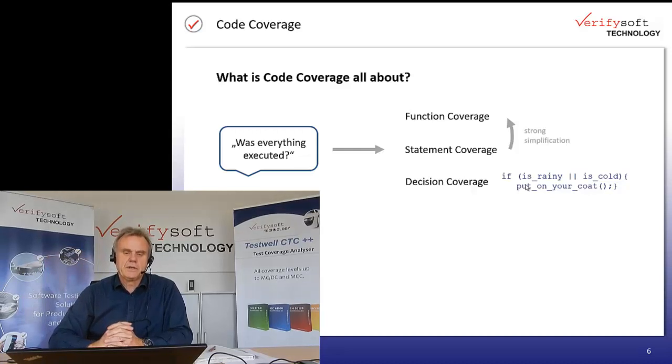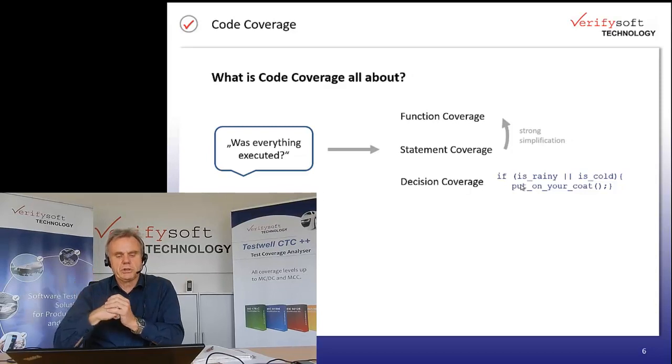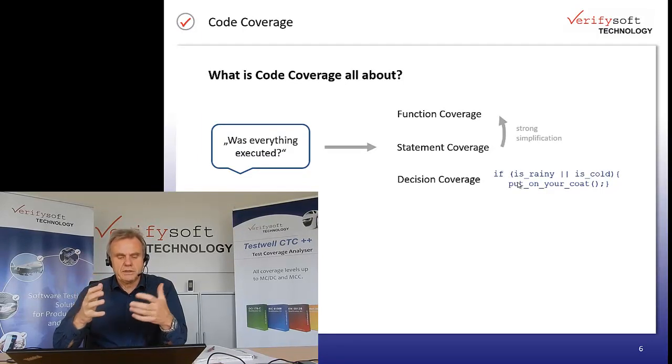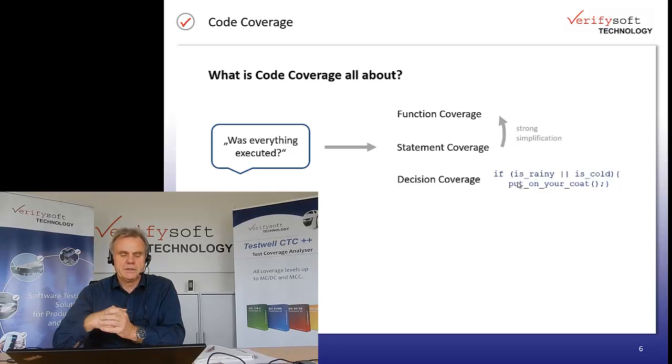We have first, after the statement coverage, the decision coverage. Decision coverage requires that each decision has been tested at least once as true and as false. For typical decisions like if statements, decision coverage corresponds also to branch coverage, so it's about the same.